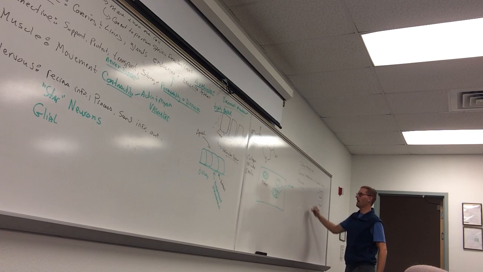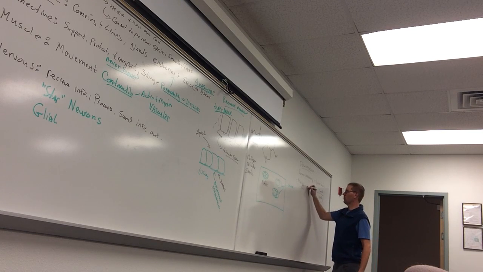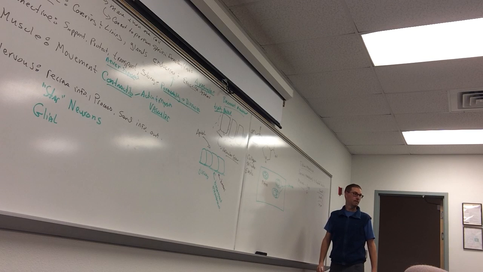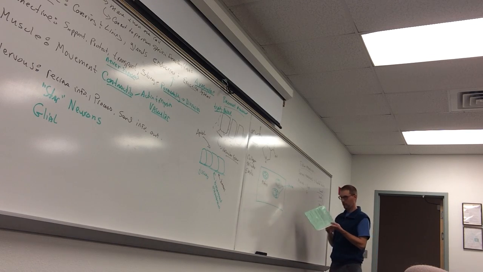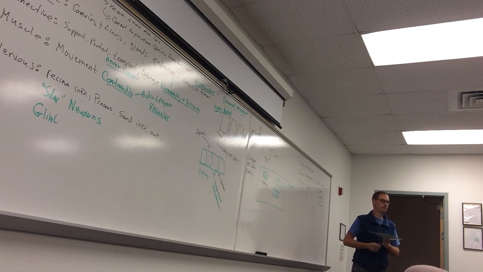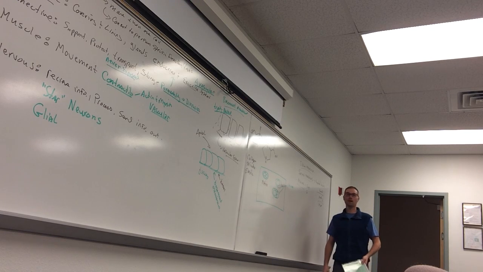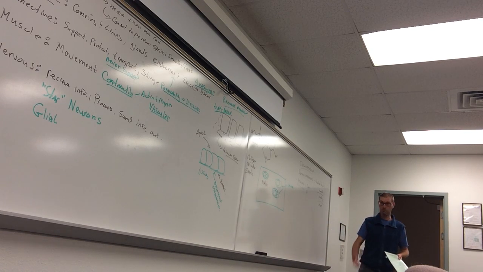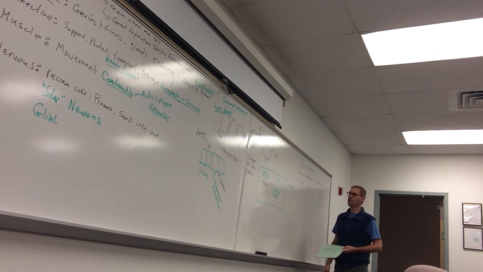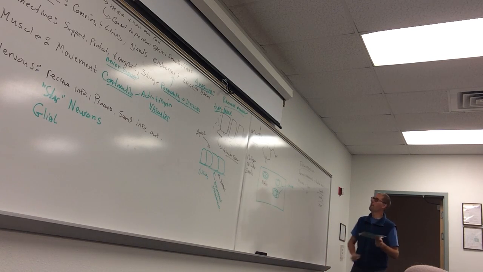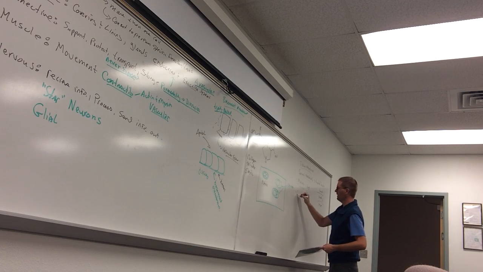Mucous membranes line the respiratory tract, the GI tract, your mouth, the vagina as well is going to have a mucous membrane because it communicates with the external environment, right?